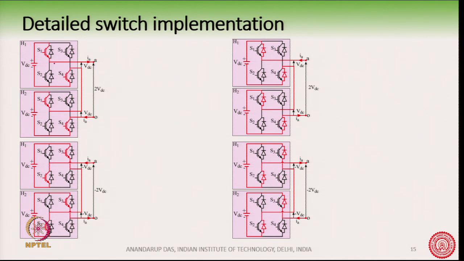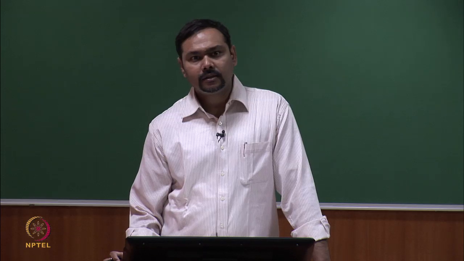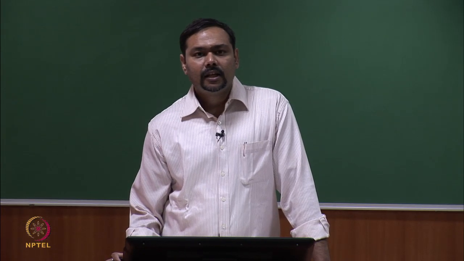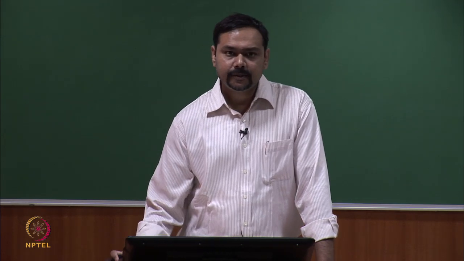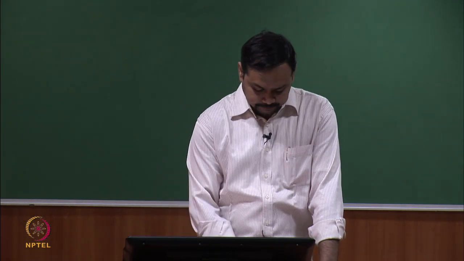So, for example, if this current is I A, which is going like this, then this transistor will be conducting and this transistor will be conducting here, and it will produce a voltage of plus VDC. Okay. So, we have seen the operation of one H-bridge earlier in the lecture series. So, we will not go into the details, you can follow it up.